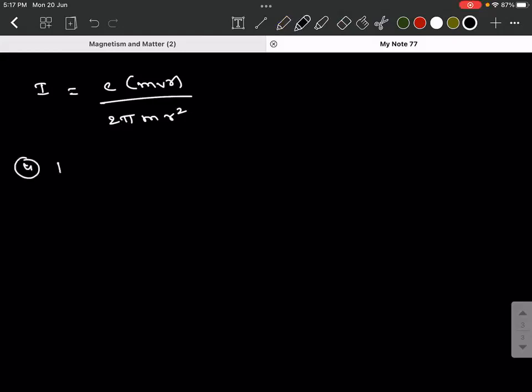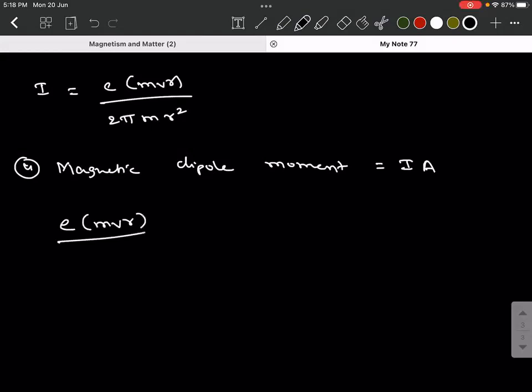Now what I need is magnetic dipole moment. So what is the formula for magnetic dipole moment I gave you? It is I into A, correct? So I is E into MVR divided by 2 pi M R square, into area, which is how much?